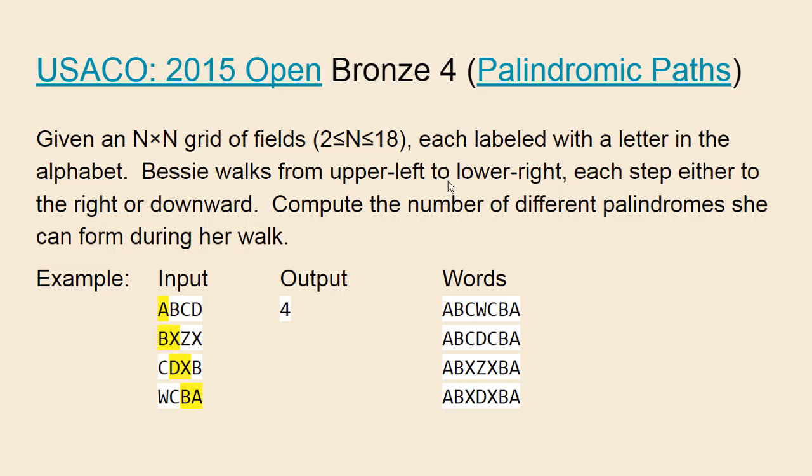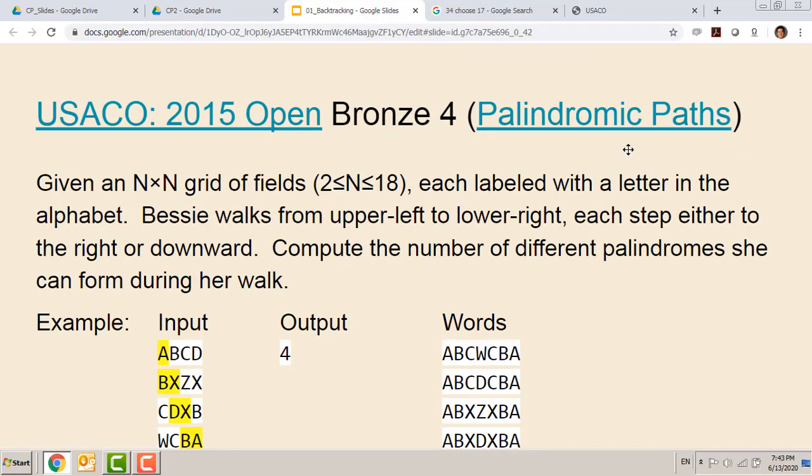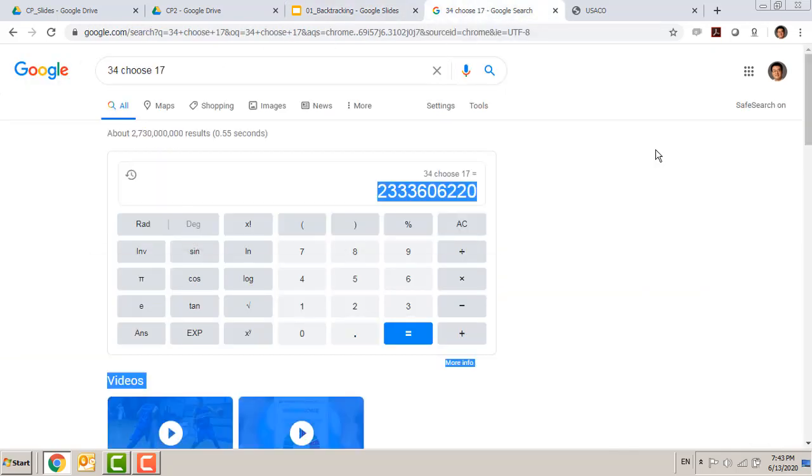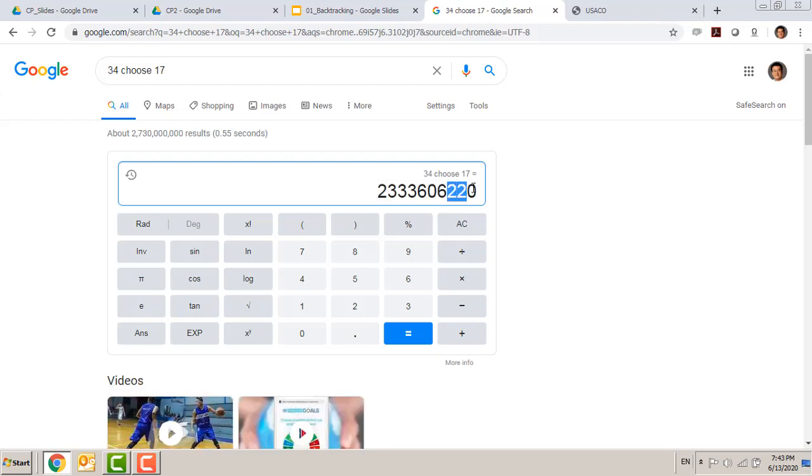So let's look at how big it is. If n equals 18, then what we are talking about is 34 choose 17. So I have it here. Let's see how many digits.